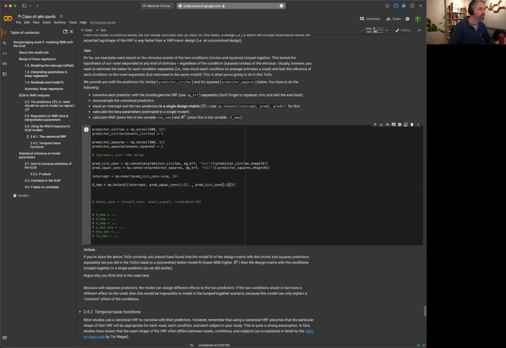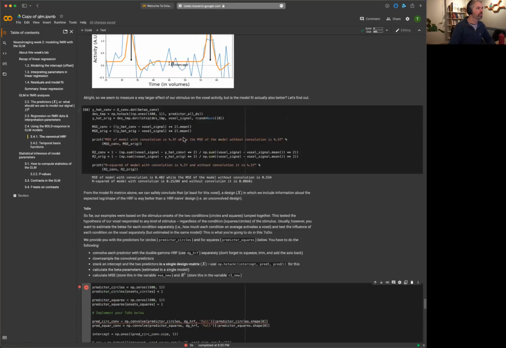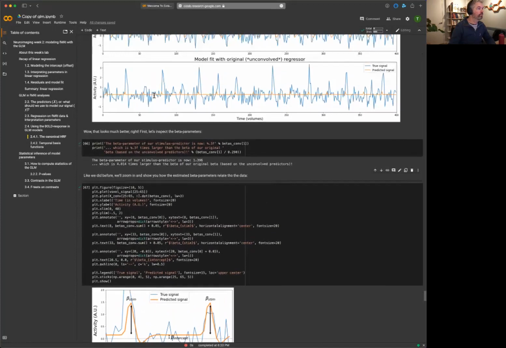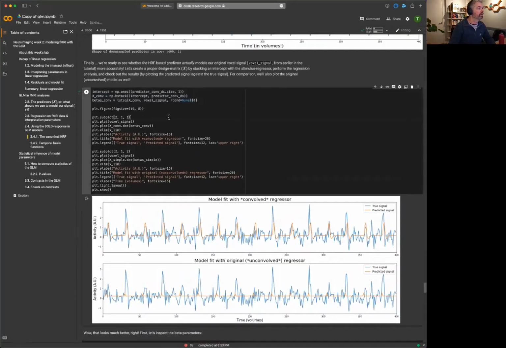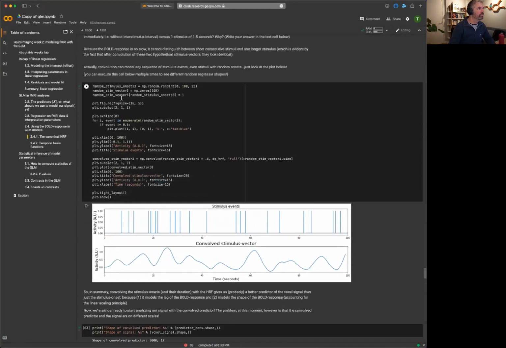No, it's not the problem. This was the problem, an extra thingy. Let's see. Object2D for desired array. Let's see how we did that before, because of course we already have code that implements this, and it's often just a bit silly to reinvent the wheel all the time.